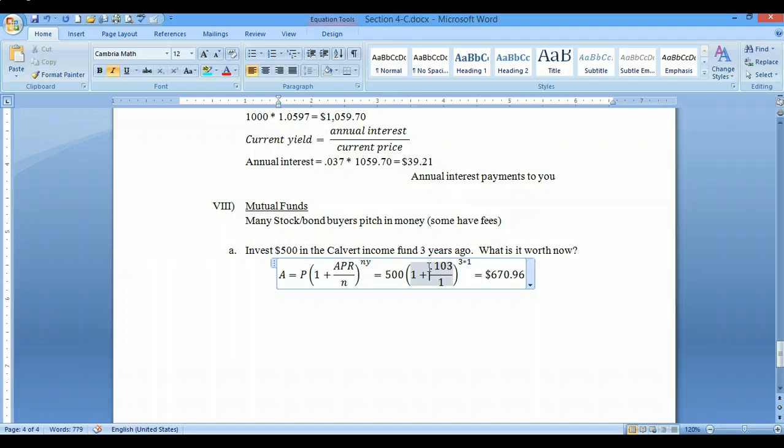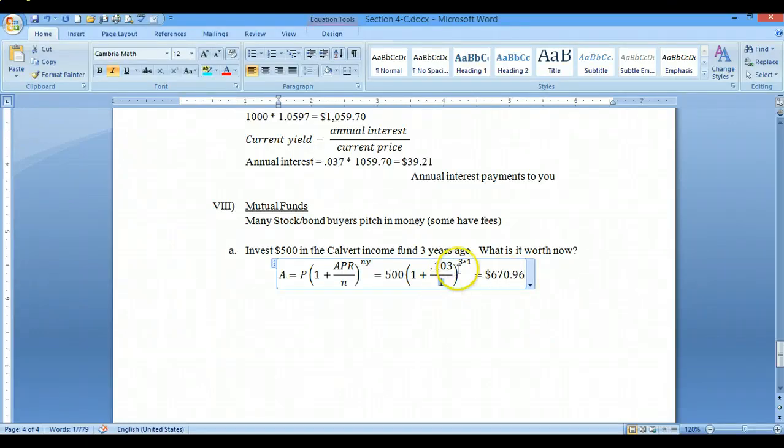Changing that to a decimal is 0.103. The example in your book, example 10b, your percent for the 3-year average annual return is 9.19. And so you would change that to the decimal and work with that one. Again, this was annual return.